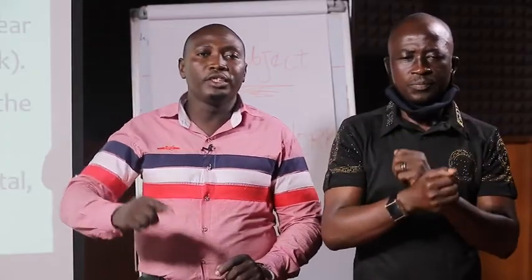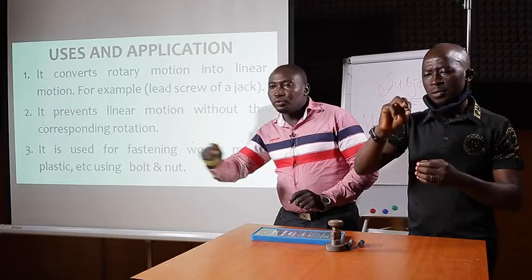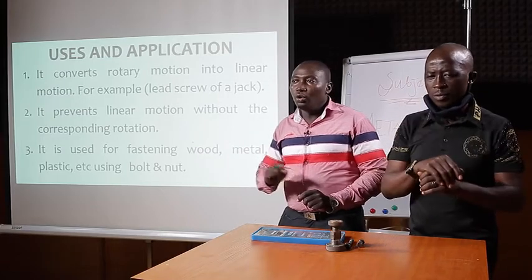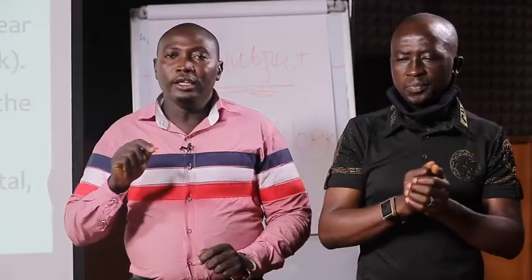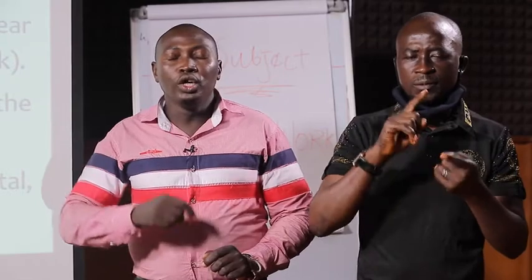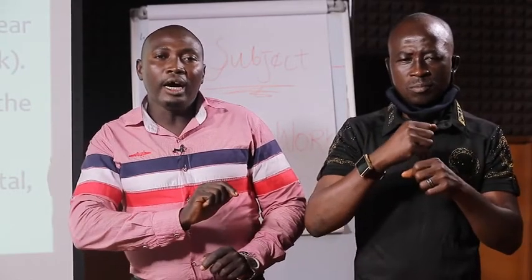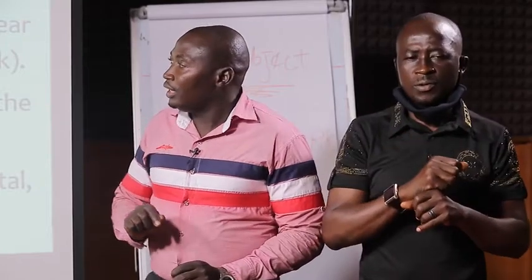When we say rotary, it is something moving around, and linear is moving on a straight line, either horizontally or vertically. So one use of this screw is to make sure that this movement is obtained.